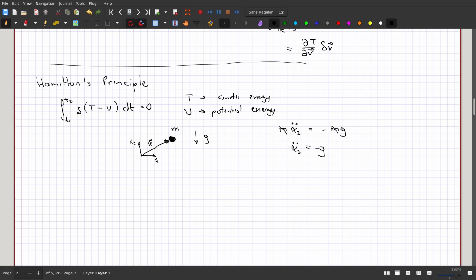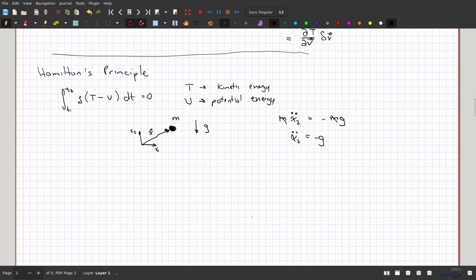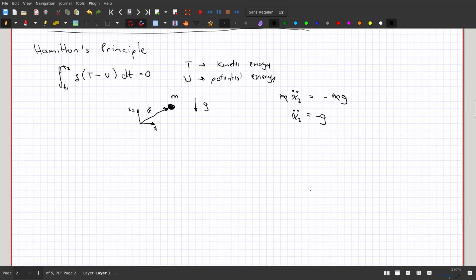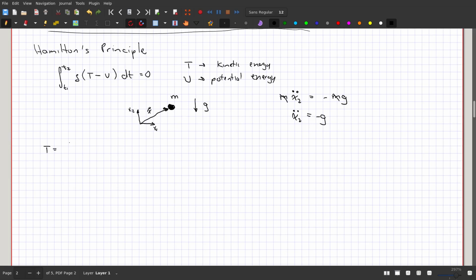And we'll do it for this problem, but then we'll see how useful Hamilton's principle can be when we just add a little bit more complexity. All right. So let's write down the total kinetic energy of that guy, which is going to be 1/2 m v dot v.